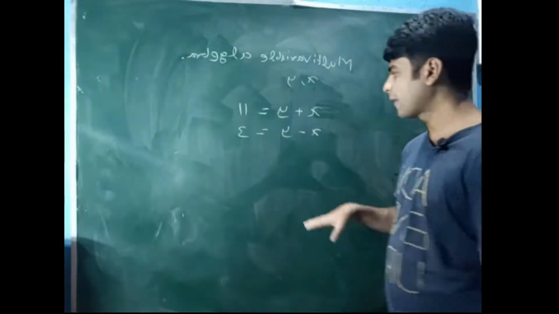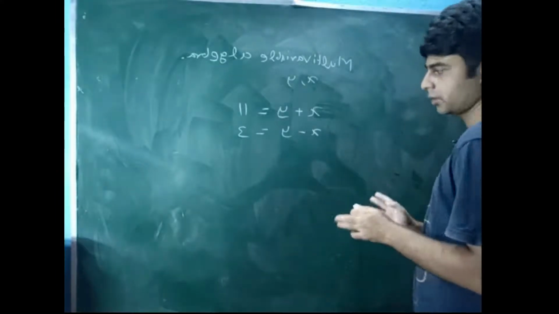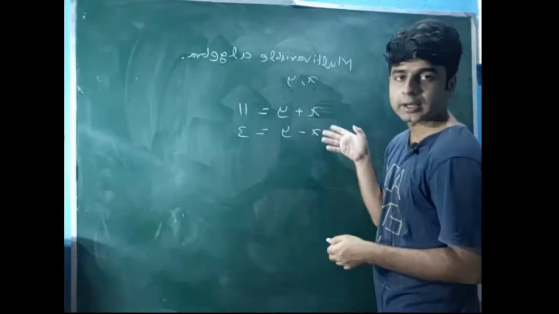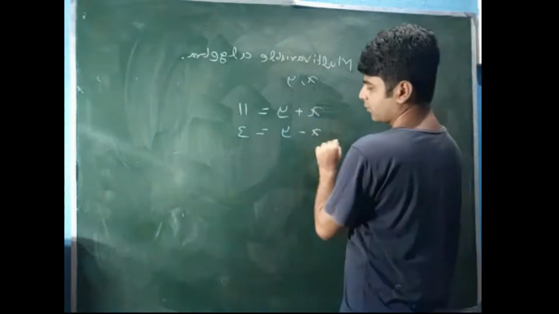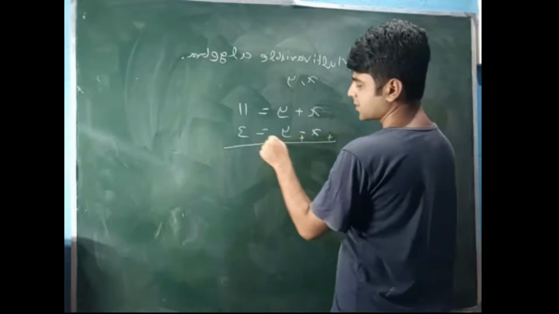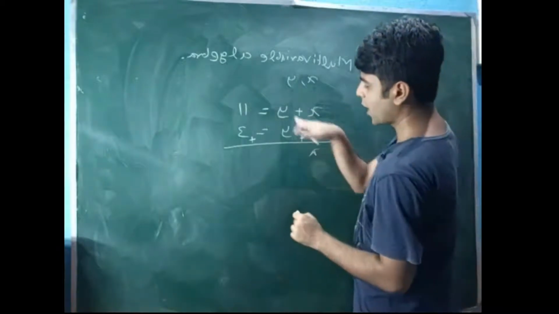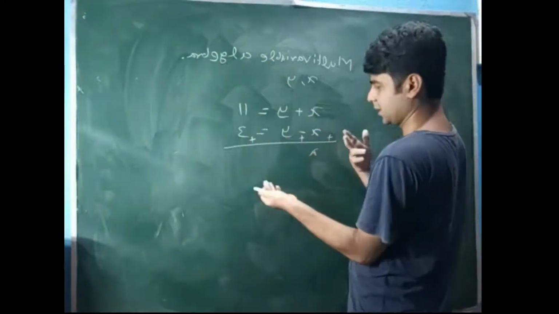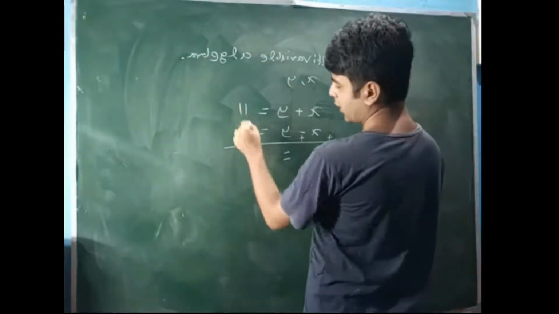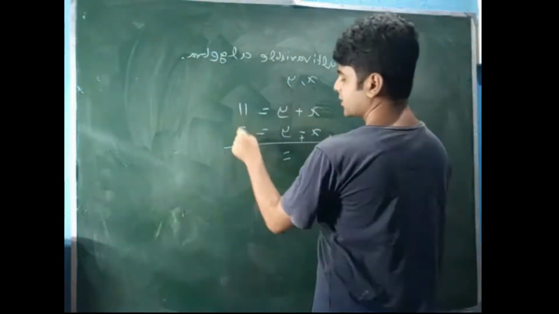I have 3 ways to solve it, but right now I want to show you only 2 methods, which I think are really cool. If you have this kind of equations, you just add the two equations, plus and plus. So you get x plus x, which is 2x, y minus y, which is 0, and equals 11 plus 3, which is 14.